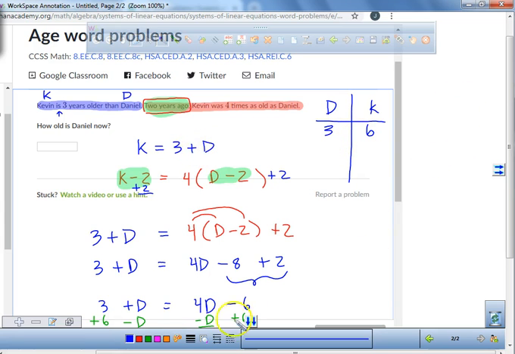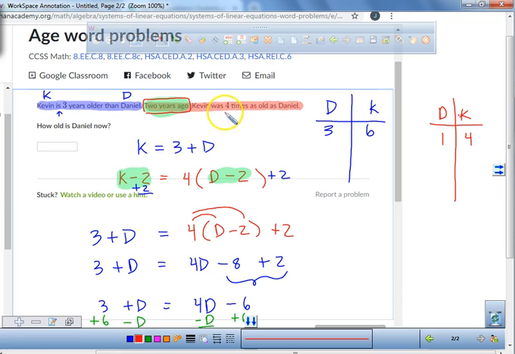Now let's go back in time. Let's go back to 2 years ago. How old was Daniel 2 years ago? 1. All right. How old was Kevin 2 years ago? 4. Right now, what's the relationship between Kevin and Daniel? Would you agree?